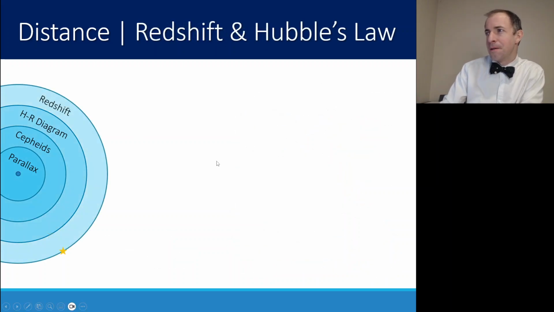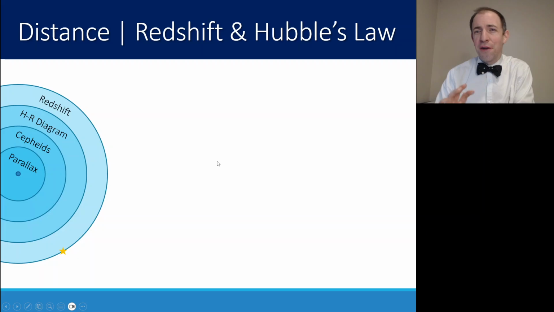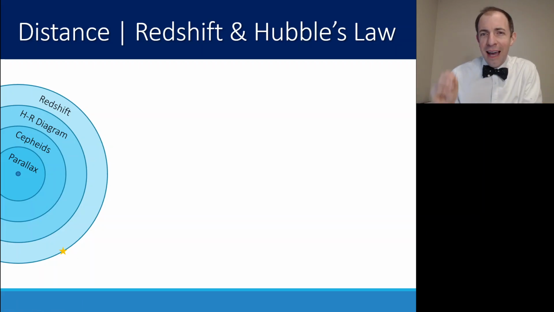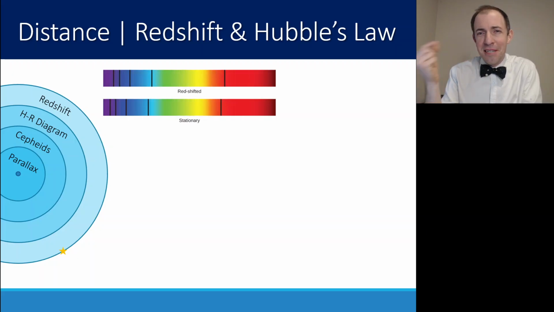Now, the last piece, these are for really, really far away stars or ultimately galaxies. We look at how the light is shifting. We know that certain elements exist in these stars and these galaxies, like helium and hydrogen, and we can look to see the signature, what frequencies and wavelengths we are expecting to see, and see how that has been shifted towards the red end of the spectrum.